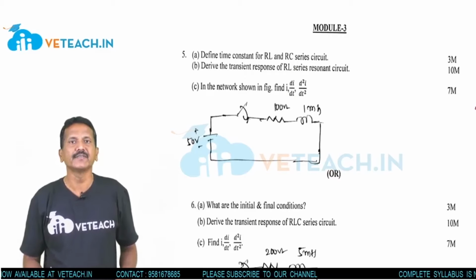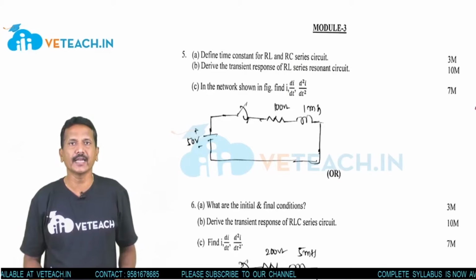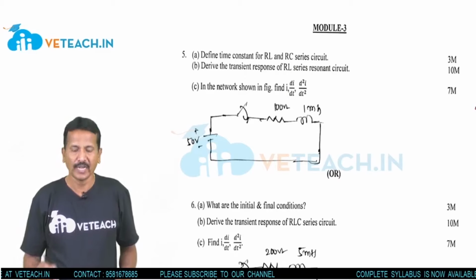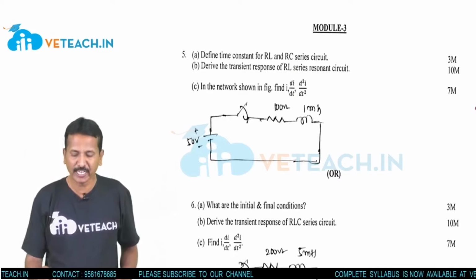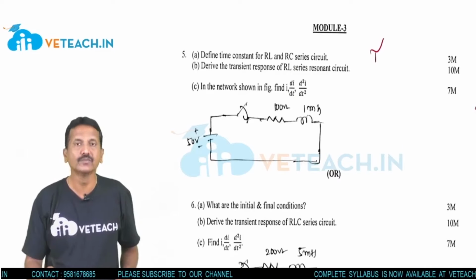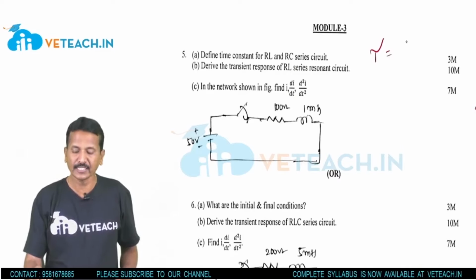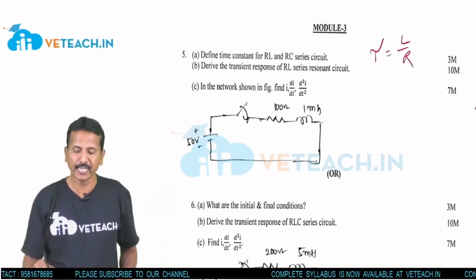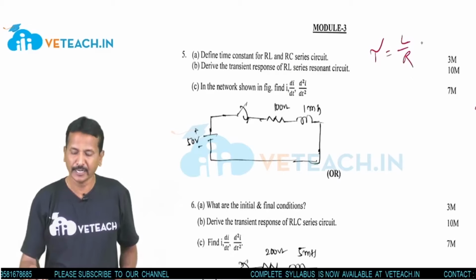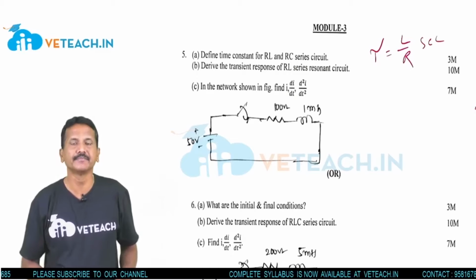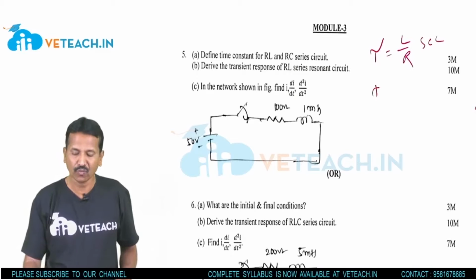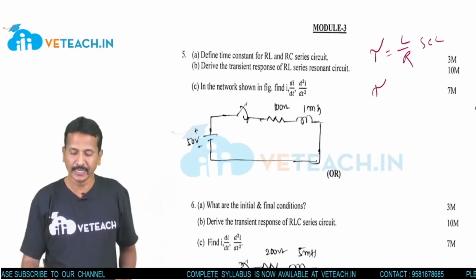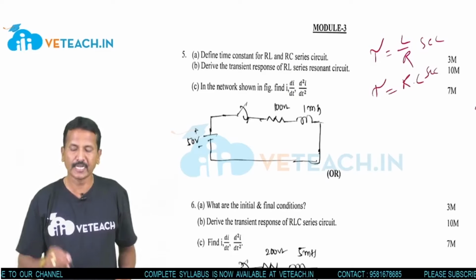In transients, we have RL circuit and RC circuit, and this time constant is denoted by the letter tau. For RL circuit, the time constant is L by R, and units are seconds. Whereas for RC circuit, the time constant is R into C. Units are seconds.